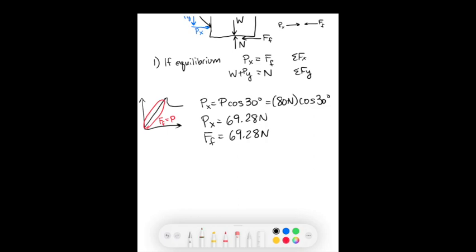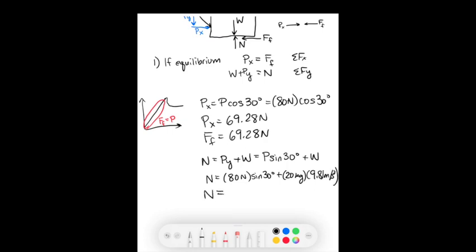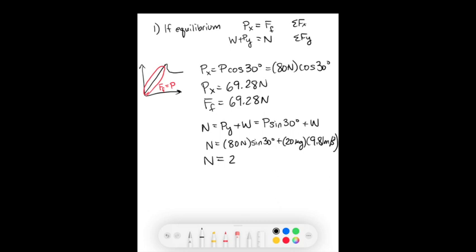Next we'll solve for the y. When we solve, we can find that the normal force in this case is equal to 236.2 newtons.